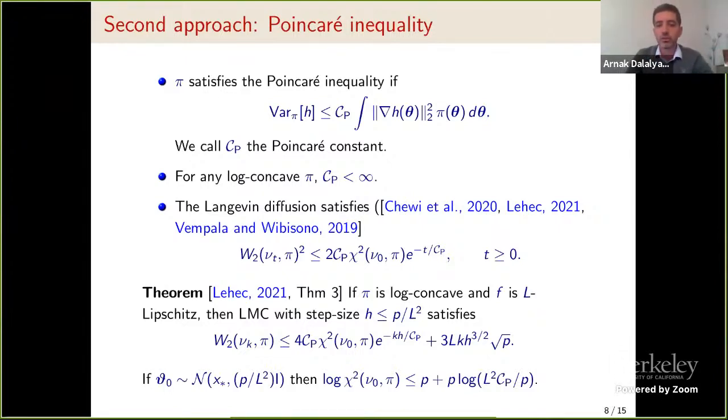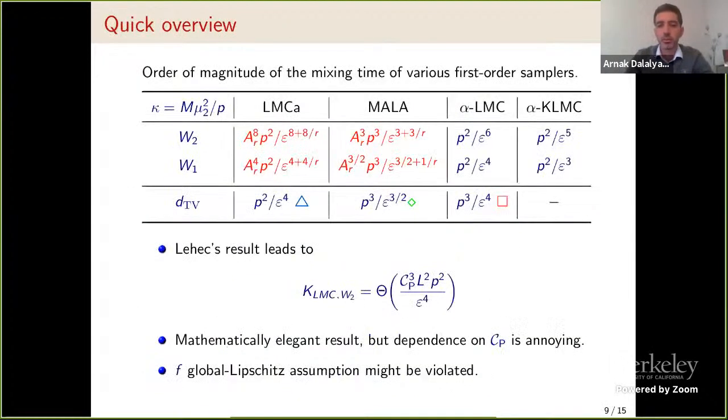So there is this result obtained by Joseph Lehec, and if we use this result and compute the mixing time, we get something which is proportional to the Poincare constant to the power 3 multiplied by L squared, dimension squared, divided by epsilon to the power 4. So once again, if we compare with the table presented above, we see, for instance, that the dependence on dimension is approximately the same.